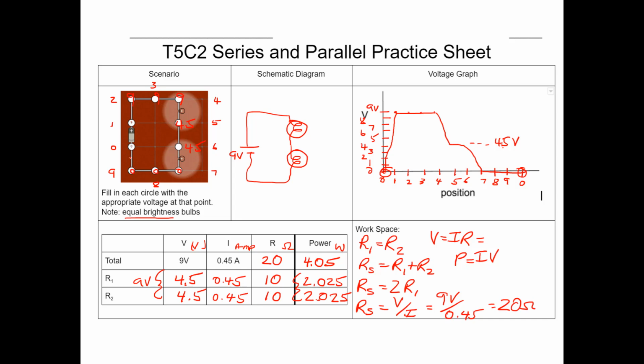You can see that's labeled at 0. That's how you end up doing one of these graphs. We could even put this value in here: resistor 1 is equal to 10 ohms, and resistor 2 is equal to 10 ohms. Okay, so for now, that's series circuits.